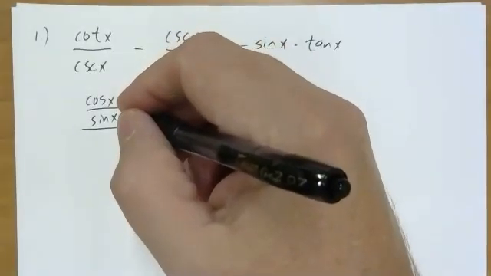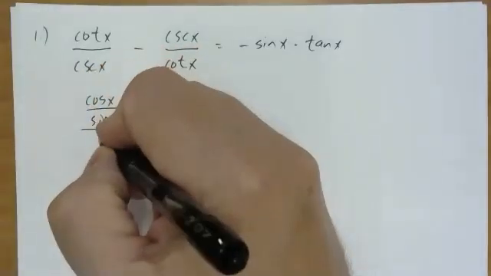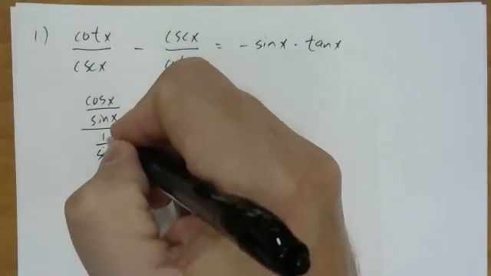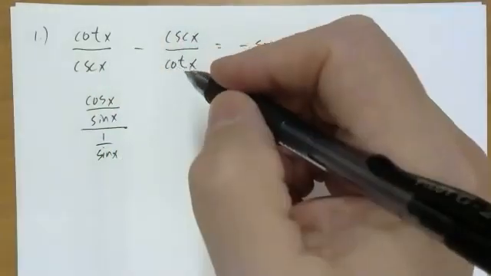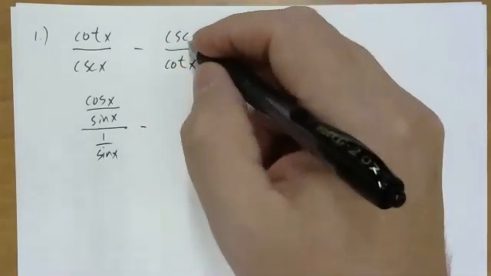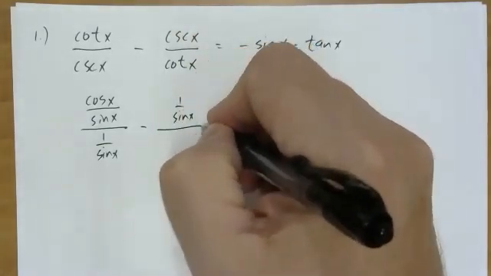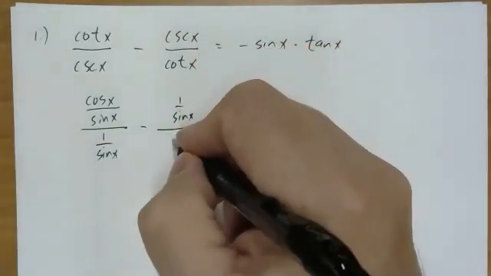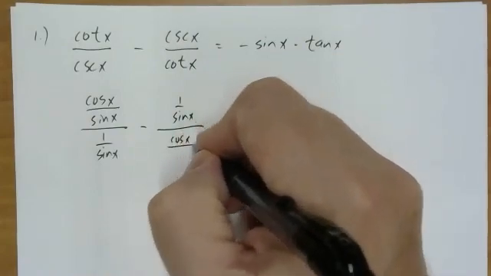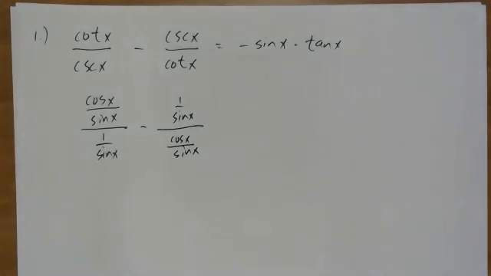Cosine of x over sine of x. Cosecant is 1 over sine of x. Minus cosecant is 1 over sine of x divided by cosine of x over sine of x for cotangent.